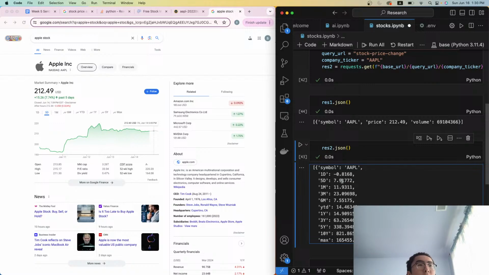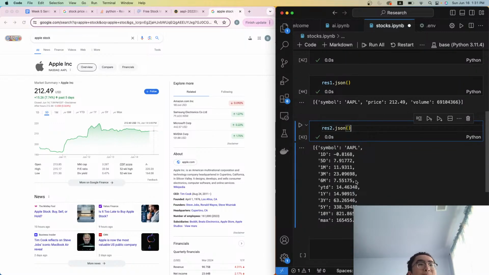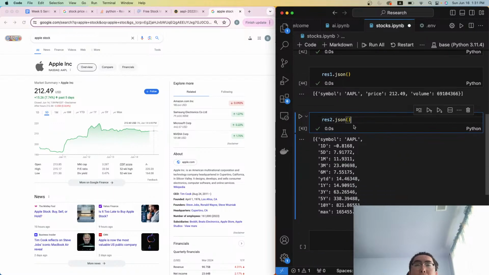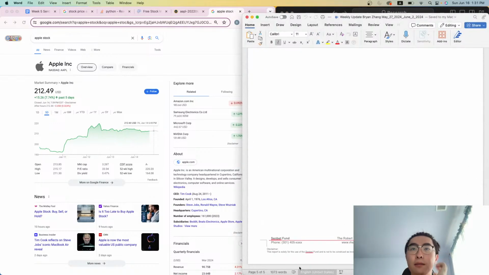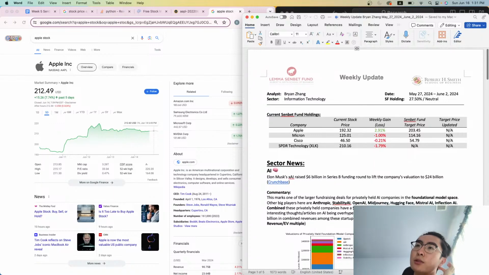So maybe there is a slight difference there. This is a bit higher than what this is saying. I guess it shouldn't matter too much. I'm just not going to worry about that too much then.